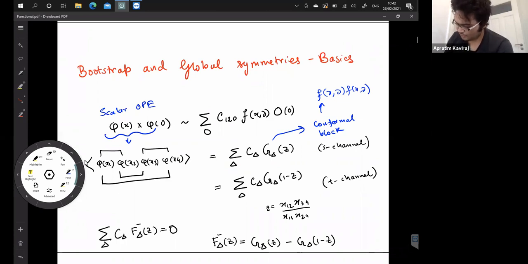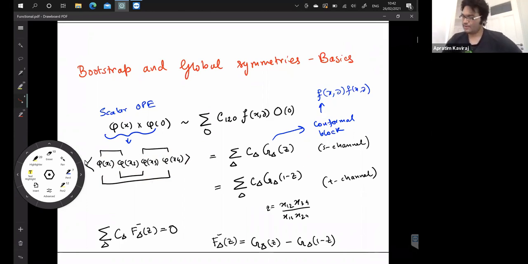And then you can also expand this in the T-channel, which is like expanding the first and fourth and second and third operators, which gives you the T-channel, which is also a conformal block, but its arguments are given by 1 minus z.